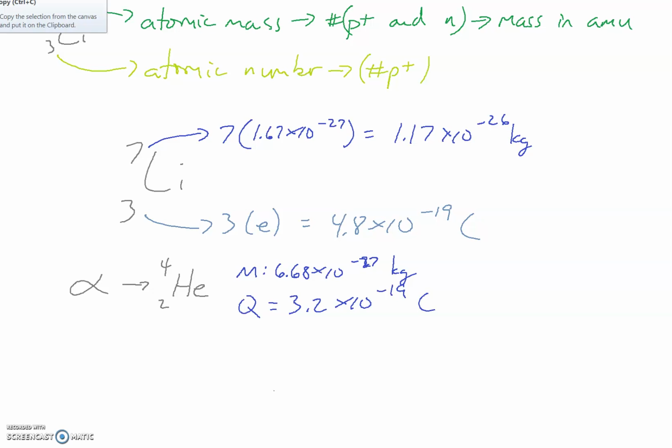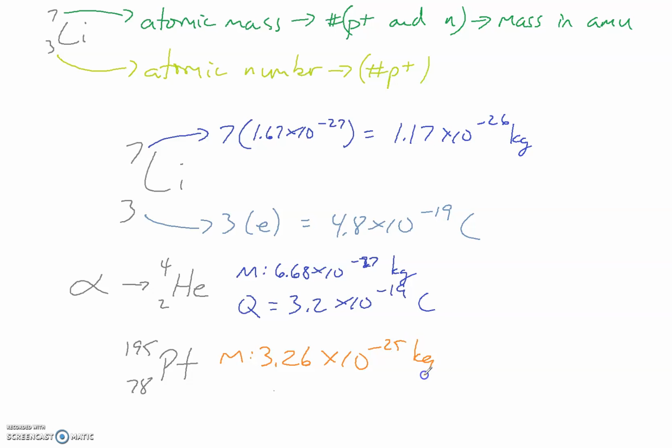So then if we took quickly another one, let's take platinum, so that's Pt, and we've got 195 and we've got 78. If we wanted to find the mass and charge of this one, well, to find the mass, we would have to do 195 times that 1.67-ish times 10 to the negative 27, and we'd have a mass of around 3.26 times 10 to the negative 25 kilograms.